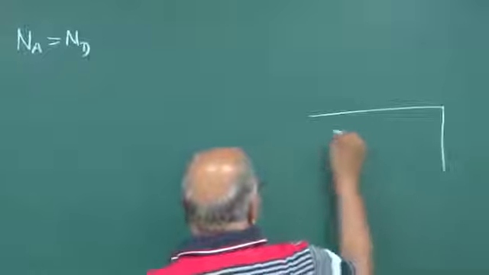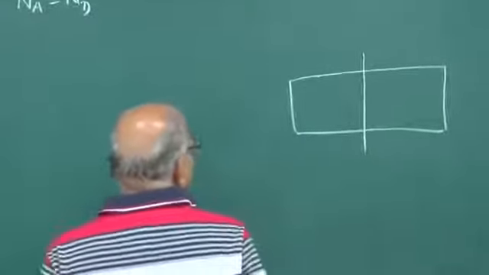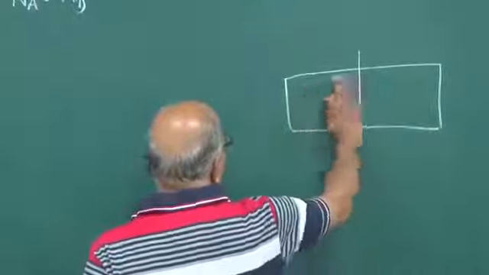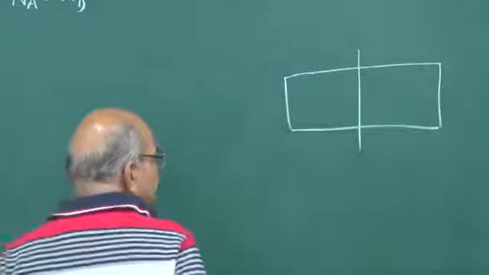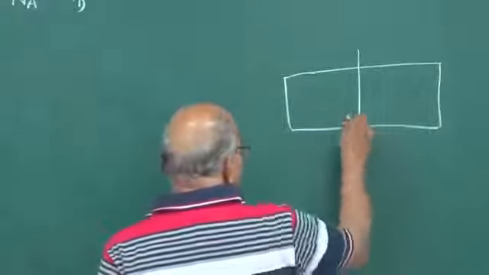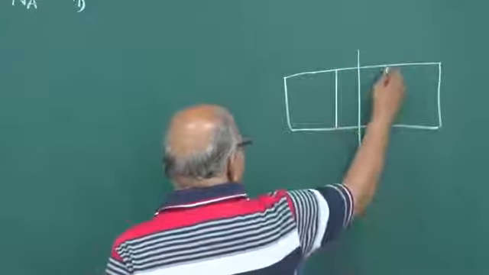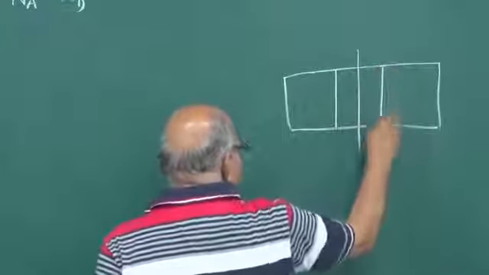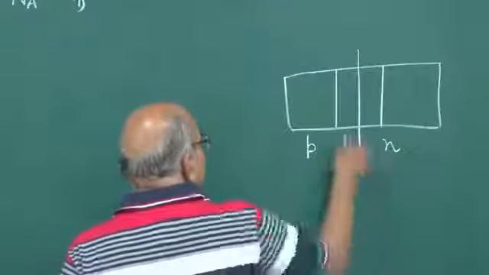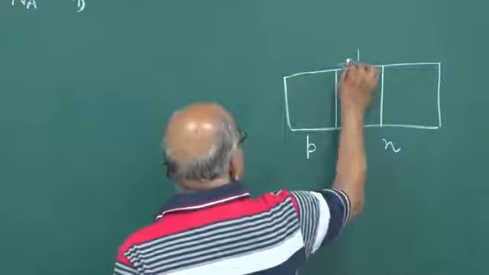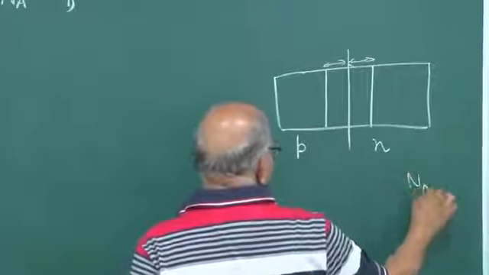If you denote your p-n junction like this, here is the junction, from one side you have acceptor, another side you have donor, and since Na is equal to Nd, your depletion region will be of equal width on the two sides. If this is the p side and this is the n side, this part is the same as this part because Na is equal to Nd.